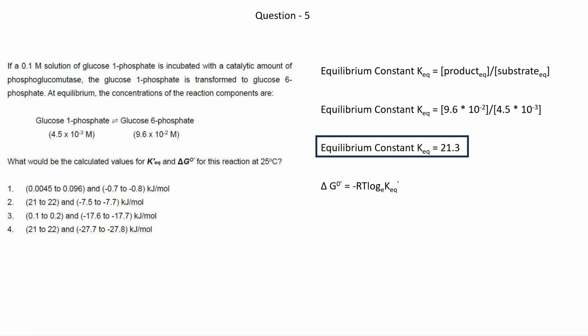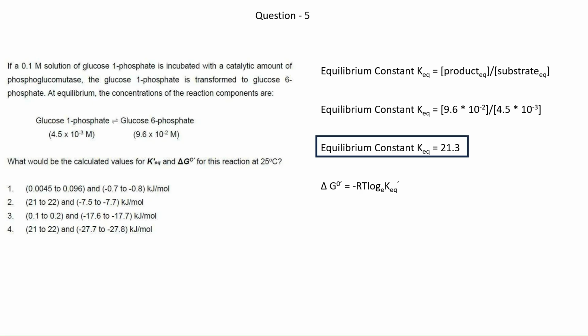In this equation, R is the gas constant, which has a value of 8.314, and T is absolute temperature, which means temperature in Kelvin. So when we convert 25 degrees Celsius to Kelvin, we get 298. And we already have the value of the equilibrium constant.